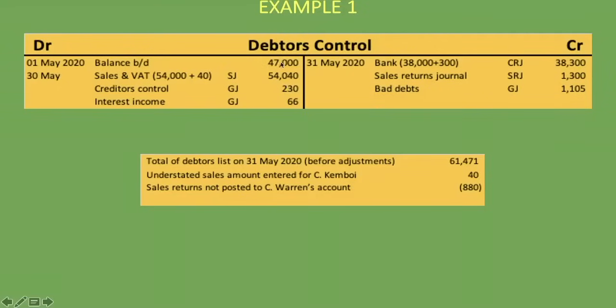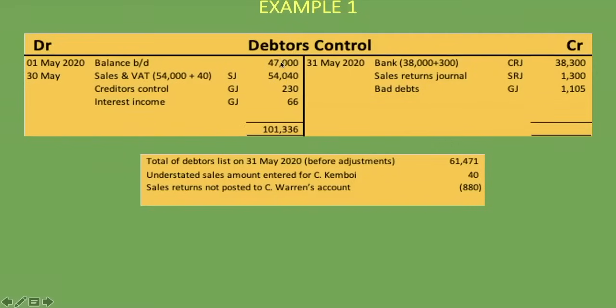So if you add everything together, you put the total on the debit side, 101,336, and then you put the same total on the credit side, 101,336, and then you ask yourself what is missing on the credit side to make it equal to 101,336, meaning equal to the debit side. So we're going to take 101,336 minus all this, and it's going to give us what is called the balance carried down.